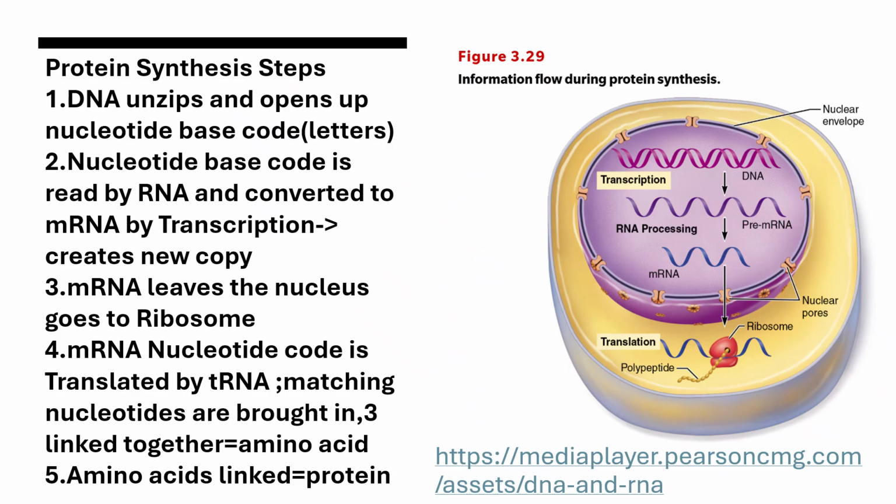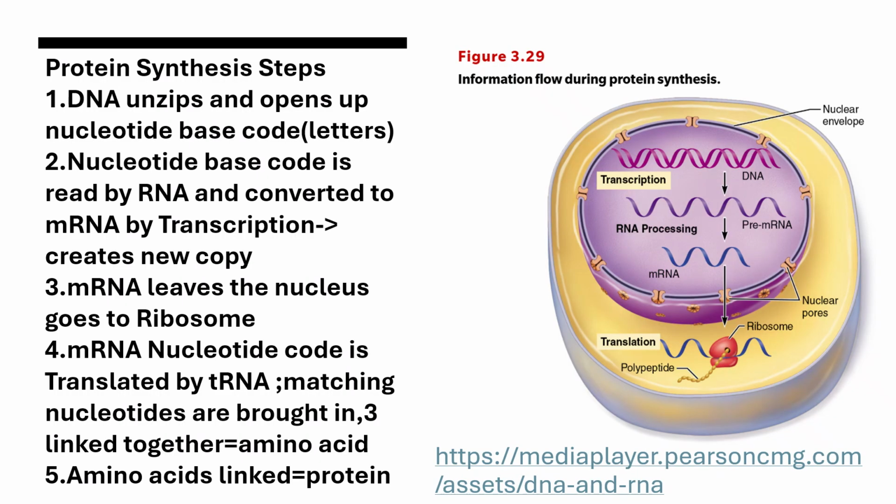Okay, here's a little bit more detailed version. Protein synthesis steps. Step 1, the DNA unzips and opens up the nucleotide base letters, the base code. The nucleotide base code is read by the RNA and converted to messenger RNA by transcription, which creates a new copy.